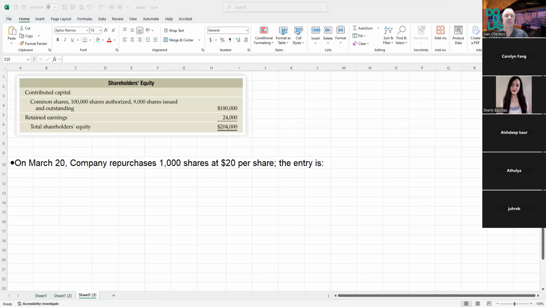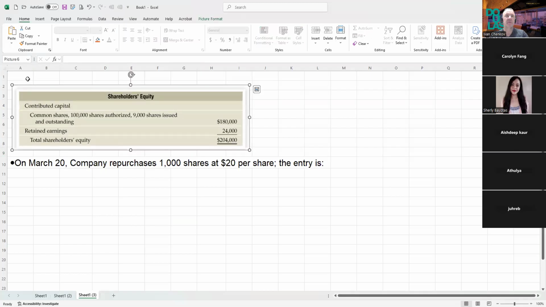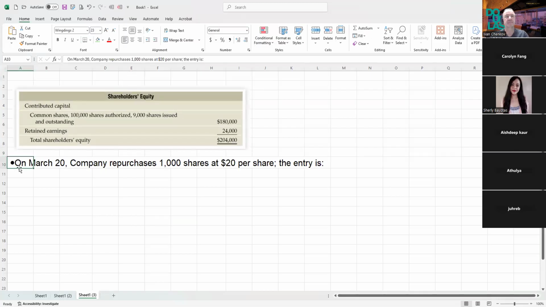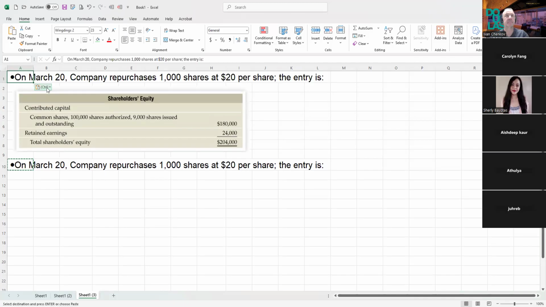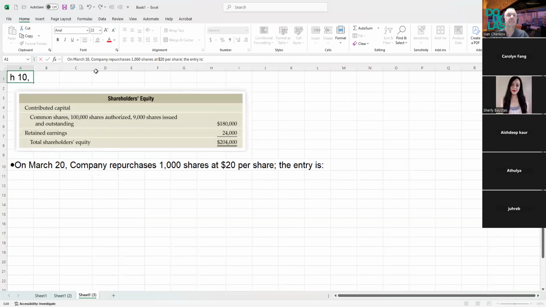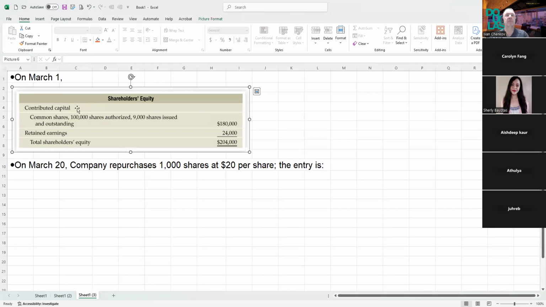February 28th. So let's say this happened on March 1st. On March 1st, that's what happened. The company has shareholders' equity, which constitutes two sections: contributed capital, which is common shares, 100,000 authorized and 9,000 issued and outstanding, and retained earnings of 24.